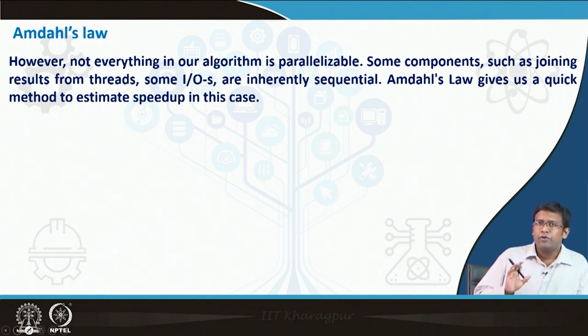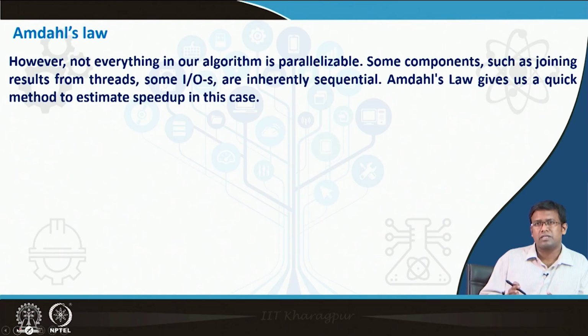So now if we look into a parallel algorithm, we understand that the entire algorithm is not parallelizable. Some components, such as joining results from threads, like when we are calculating the maximum out of n numbers in P processors, each local n by P max value will be joined, or writing or reading from a file, some IOs, are inherently sequential.